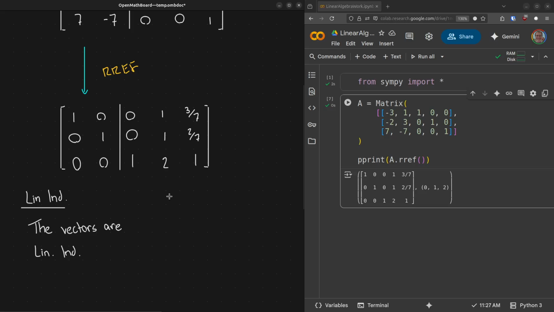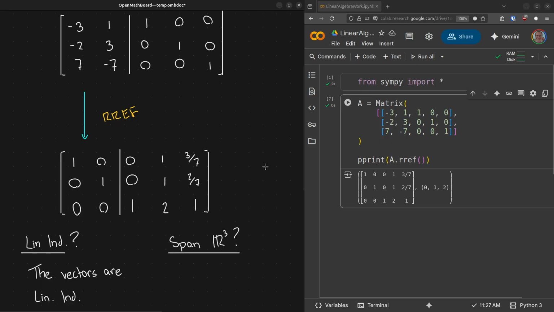Okay. Now let's see if they span R3. So in order to span R3, I need a linear combination of these two vectors to equal this vector, and a linear combination equal to this vector, and a linear combination equal to this vector.